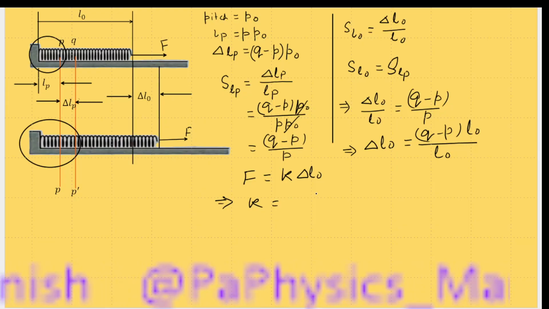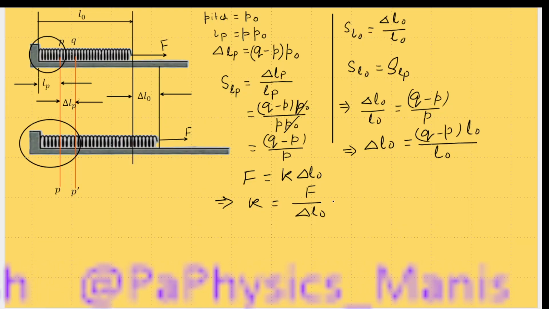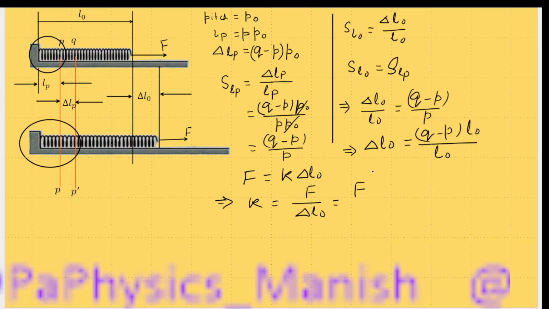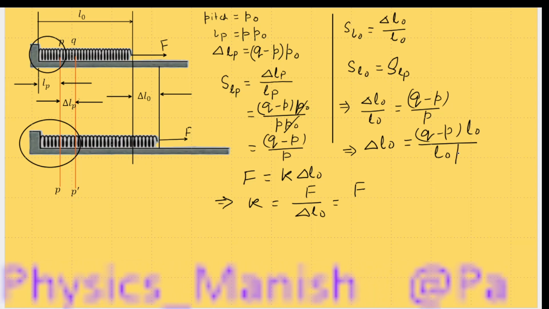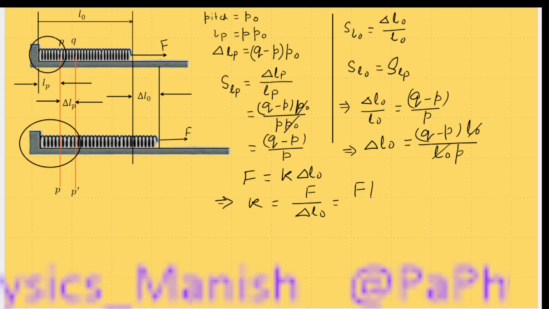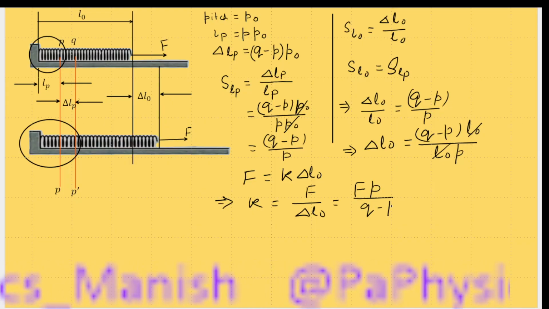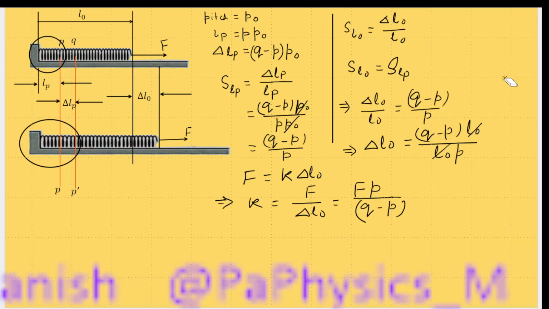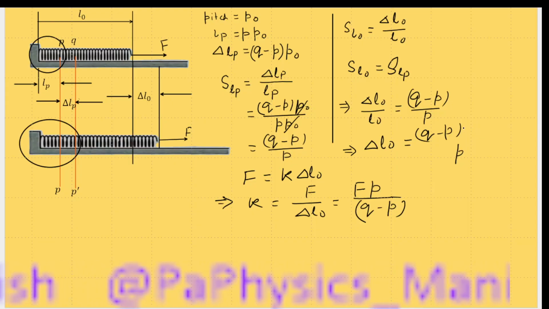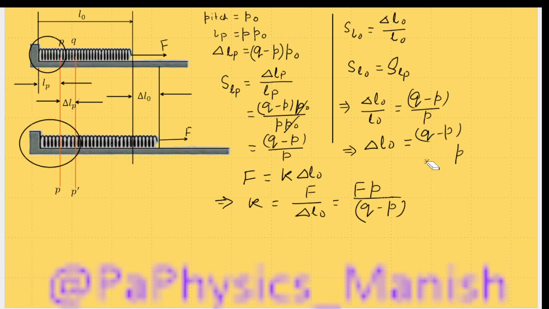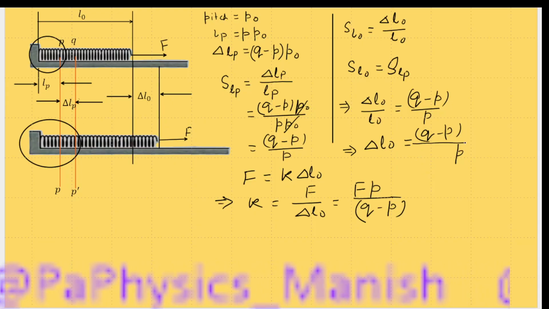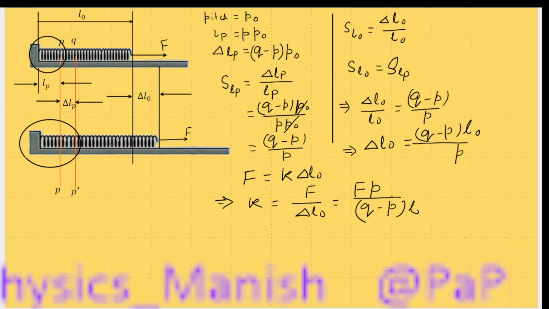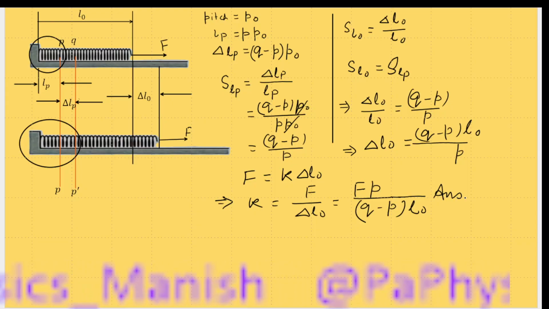So K will be F by delta L naught, that is F into P divided by Q minus P, divided by L naught. There was some mistake in this, let me correct it. So this will be your answer.